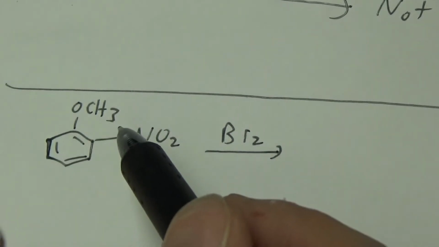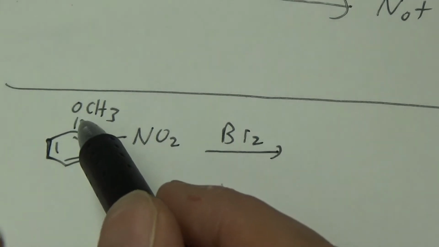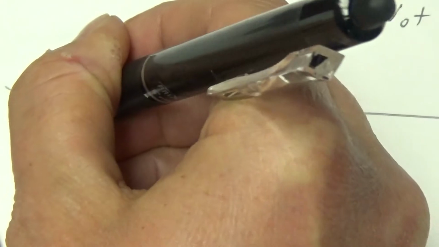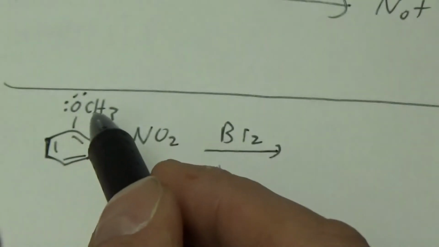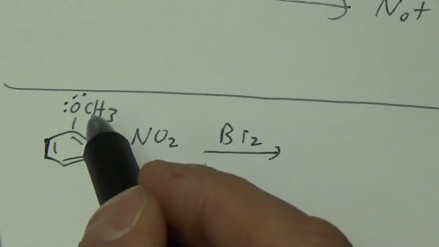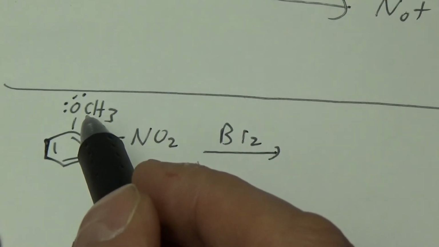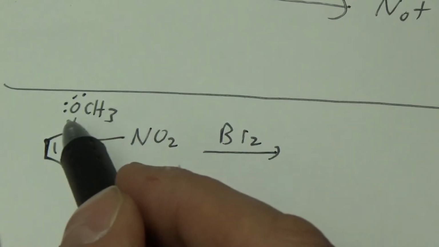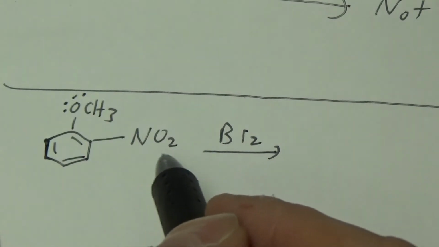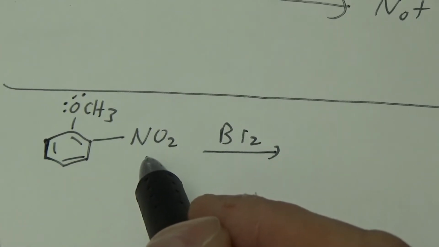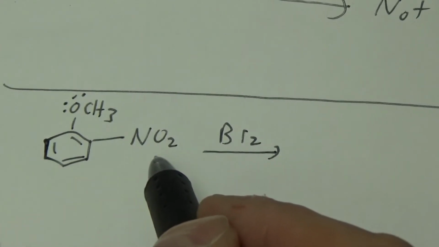You're like, well, I think that is a what director and that's a what director. It's got lone pairs on it, right? If it's got lone pairs on the atom, you say, is it ortho-para or meta? It is probably going to be an ortho-para director, right? That's an ortho-para director, and this is a what kind of director? Nitro, is it on our ortho-para director list or our meta director list? You have to go look somewhere.